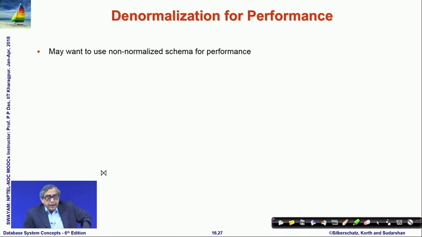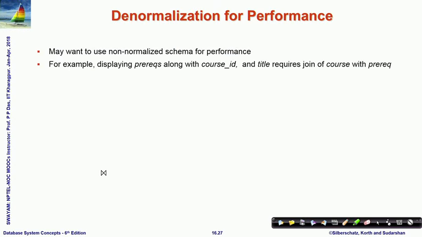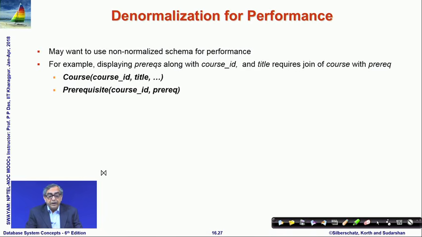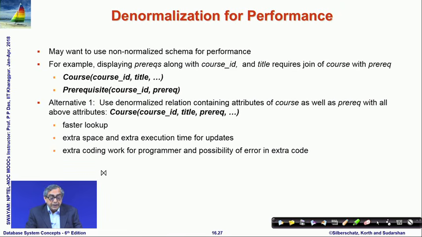It should also be kept in view that there are times when you want to use denormalized relations, because if you have normalized, then the only way to get back the original view is to perform a join. So, if you have course and prerequisites, and you want to view or print prerequisites with the title and course ID, naturally you will have to take a join with the course, which is expensive.